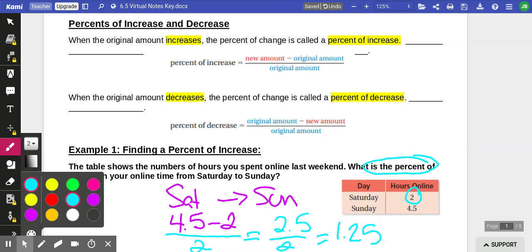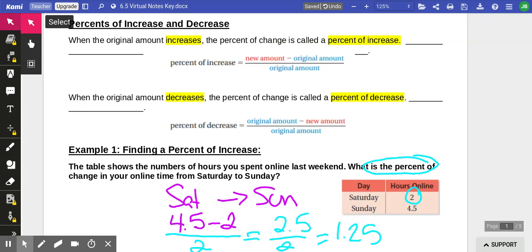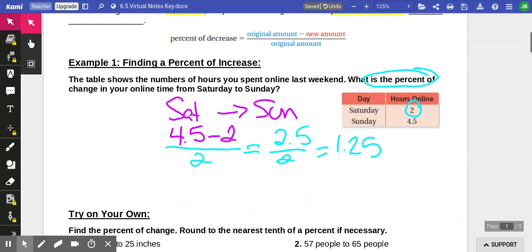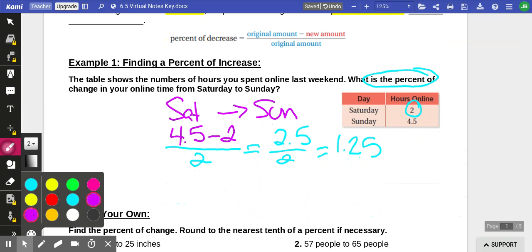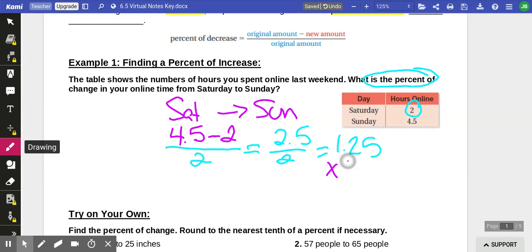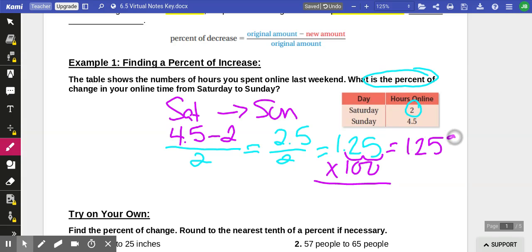I need to just kind of remember back to sections 6.1 and 6.2 when we're changing to a percent from a decimal. We're going to be multiplying by 100. So when I multiply by 100, I'm going to actually be shifting that decimal point over twice. So that means I have 125% change. And in this case, it's an increase.